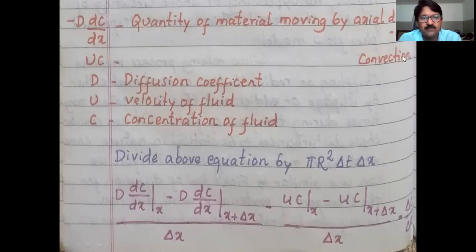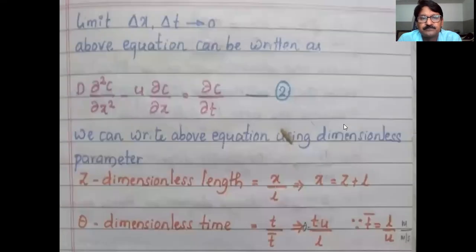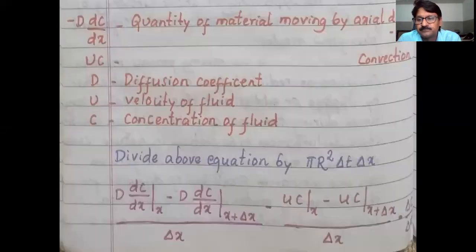D is the diffusion coefficient, U is the velocity of the fluid, and C is the concentration of the fluid. So please all of you write.